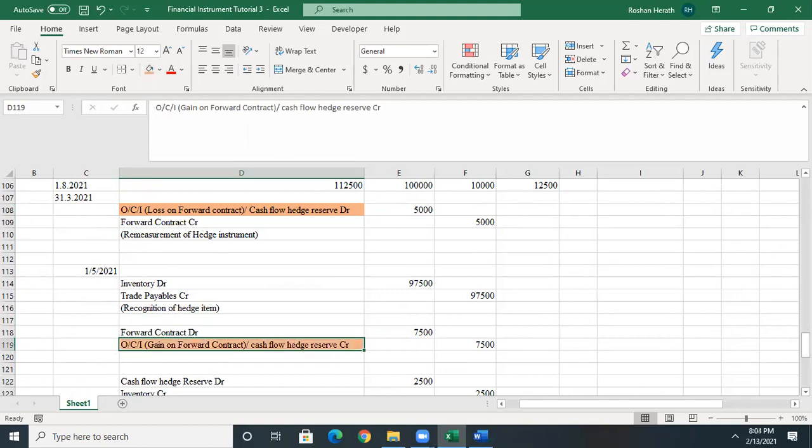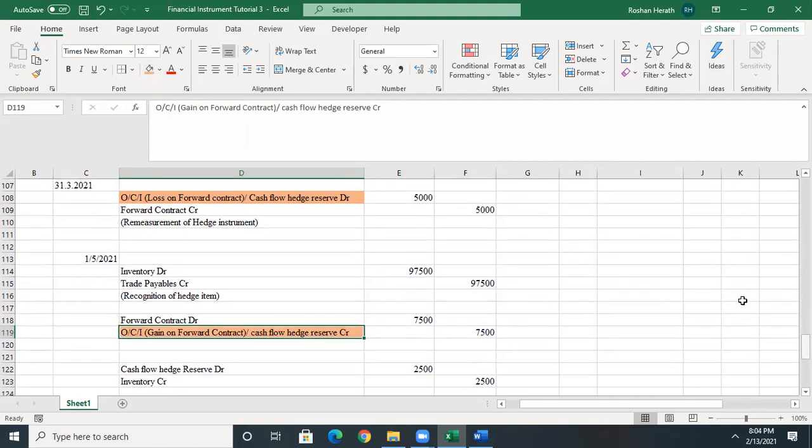And on the same day, you had to do another important thing. What was accumulated in the cash flow hedge reserve, you have to transfer against the hedged item. But there you have a choice. You can either take them against the asset or the liability. No problem. So whatever the treatment that you do, that is perfect.